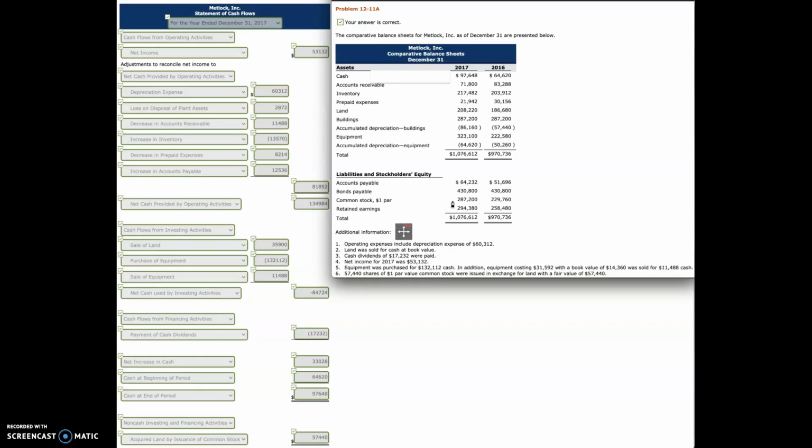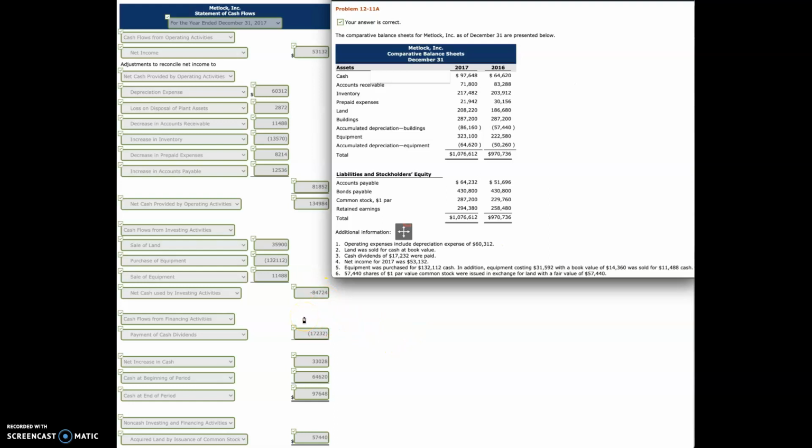And the last one would be the sale of equipment found in number 5, the last number there. It's sold for $11,488. You're going to plug that in here, add those numbers together, and that should give you a negative number. So make sure you add that negative sign or parentheses in front.